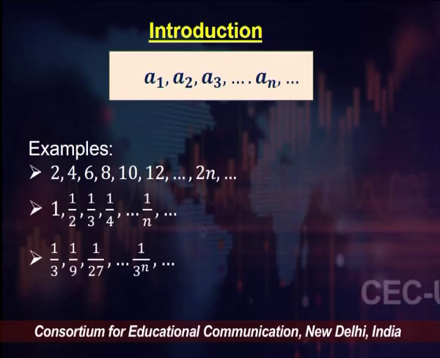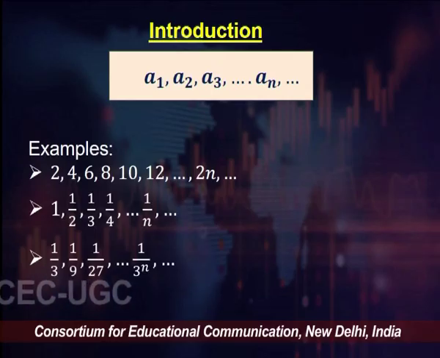Now, because in the second part of this video I will be talking about series, let me at the outset tell you the distinction between a sequence and a series. All the sequences that we are considering here are lists of numbers. We are just listing out the numbers A1, A2, A3 and so on.